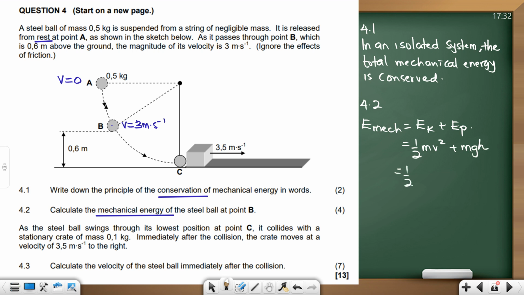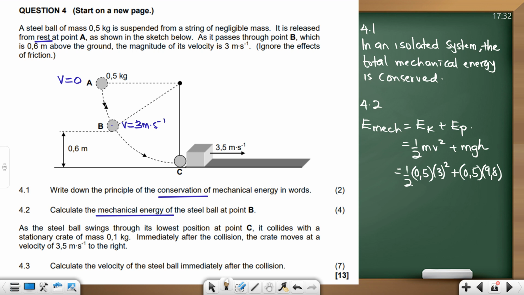What is the mass of the object? 0.5. At point B, what is the velocity? 3 squared. What is the mass? 0.5. What is g? It's a constant, 9.8. And what is the height?